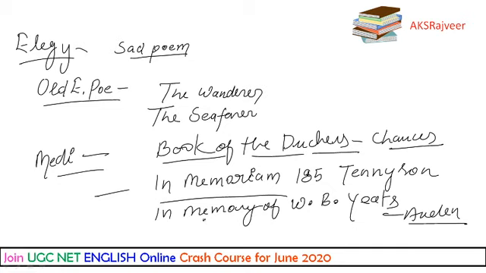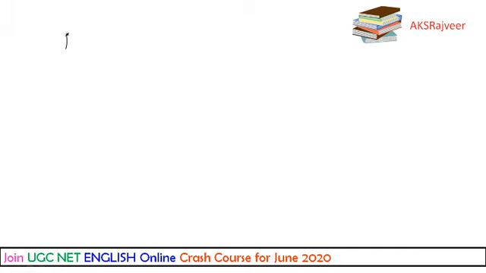Elegy, as I have already told you, is a poem that expresses grief on the death of someone. Dirge also expresses grief on the death of someone.